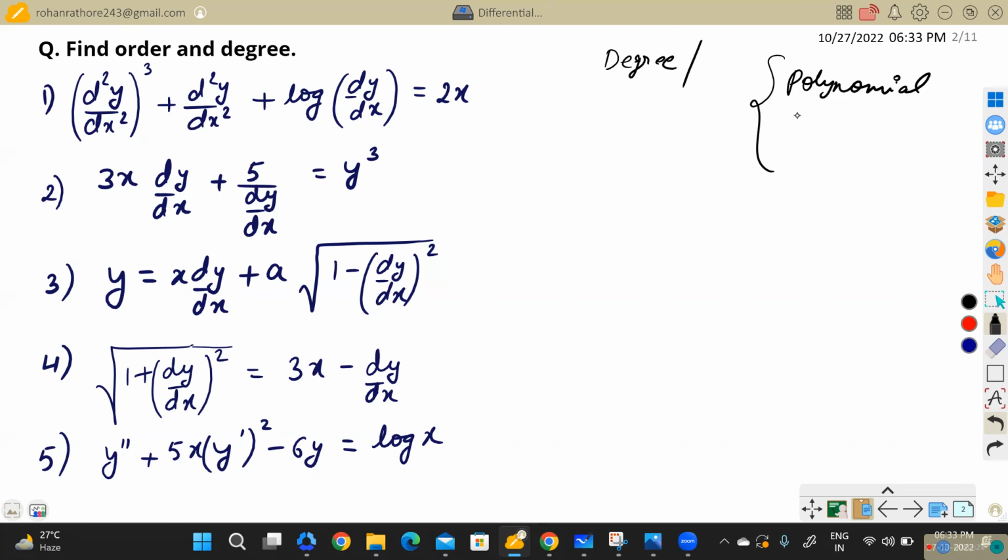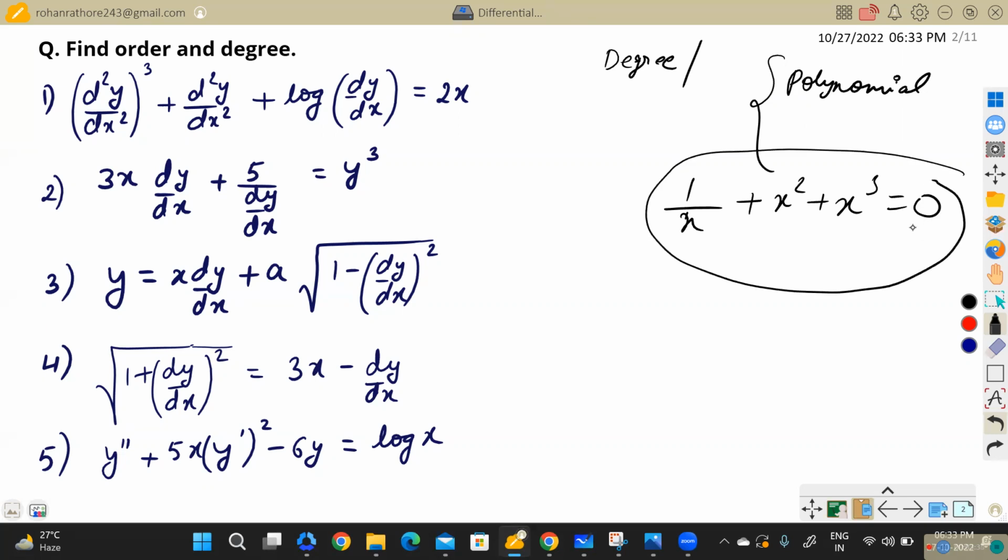Can you tell me, is this a polynomial: 1 upon x plus x square plus x cube equals 0? Yes, we can change it into a polynomial.